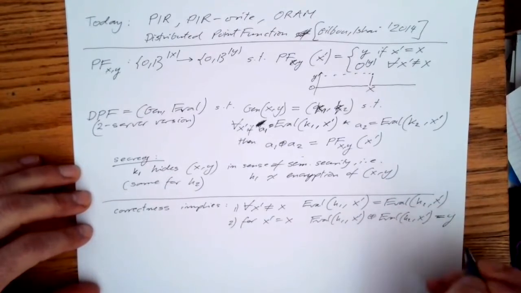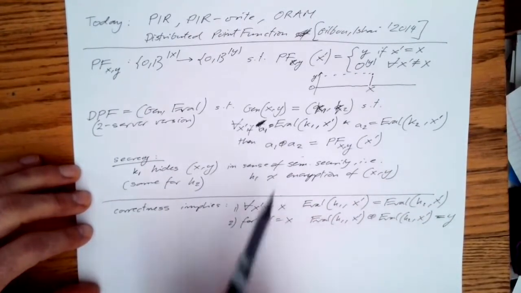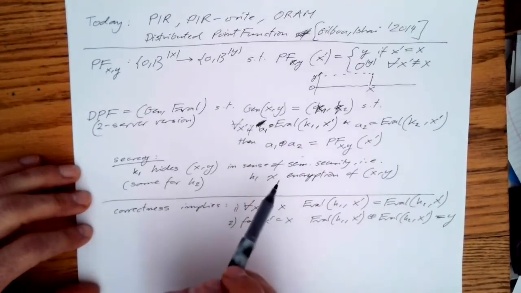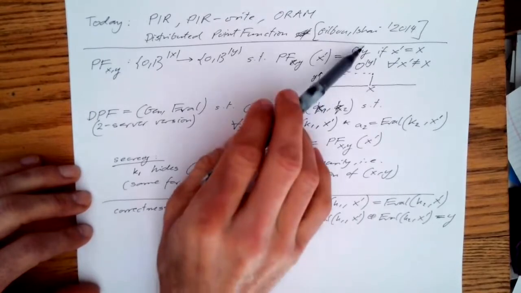Right? Because at this argument, the two values returned by these evaluations XOR to y.